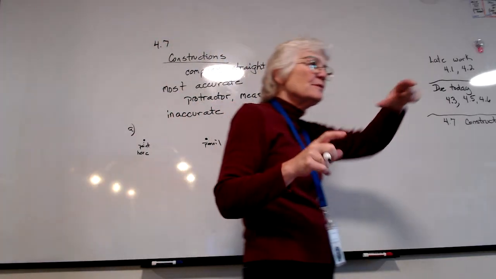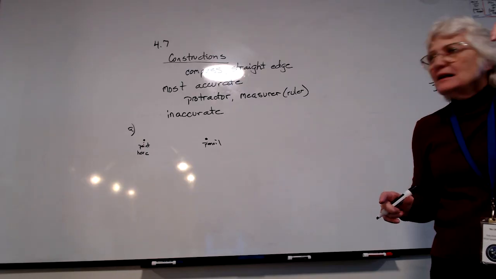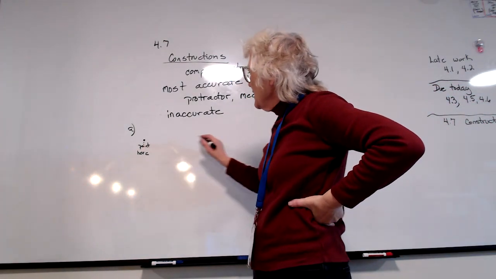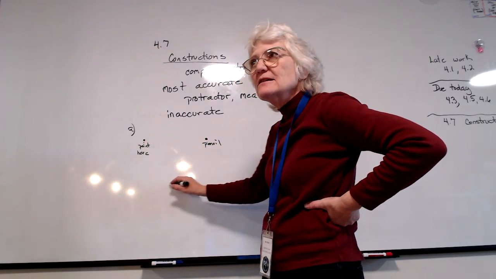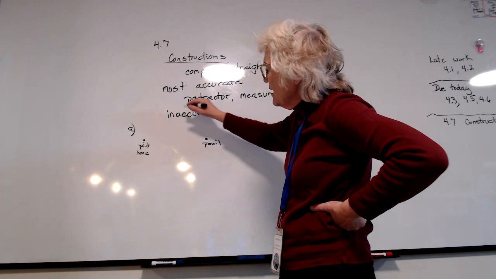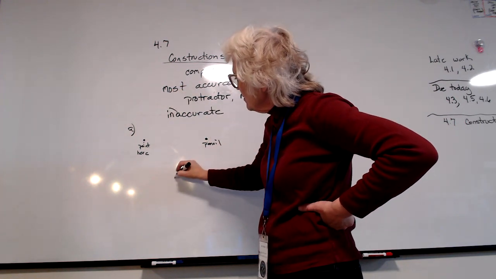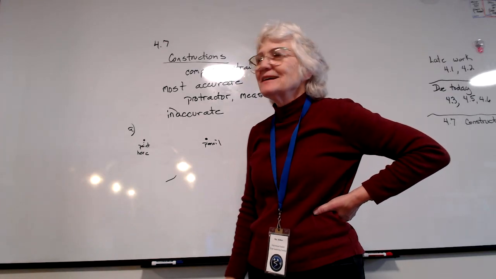So you measure it by opening your protractor up, okay, and then you put it that distance, and then you take it and you make basically an arc this way and an arc that way. And you can just do it up above and down below, okay, that's a very inaccurate thing.